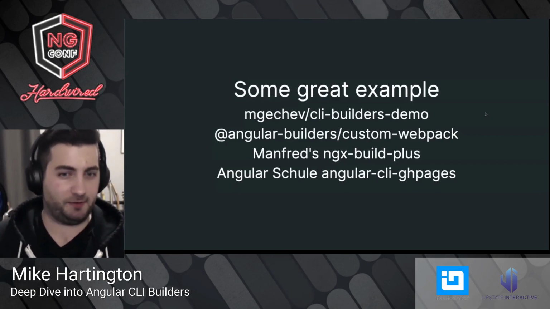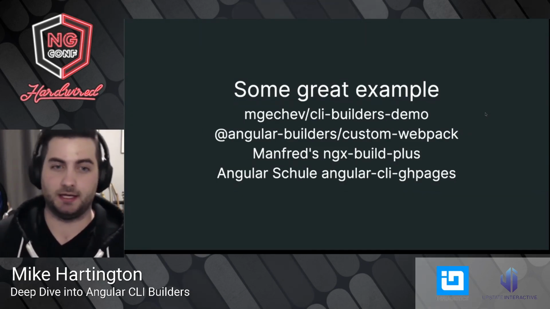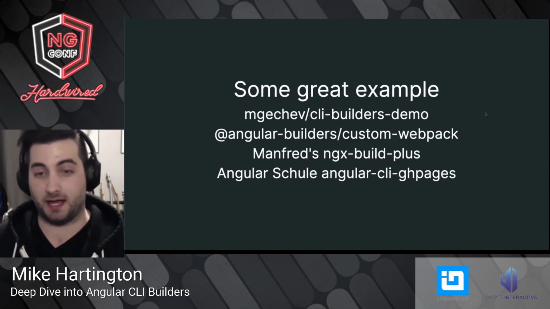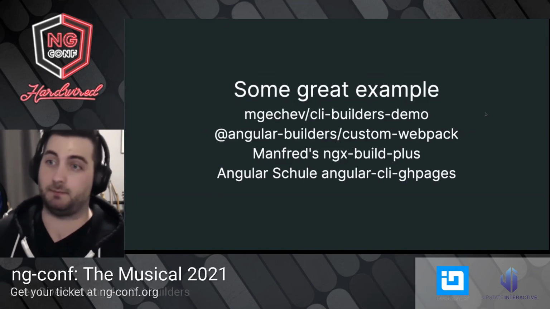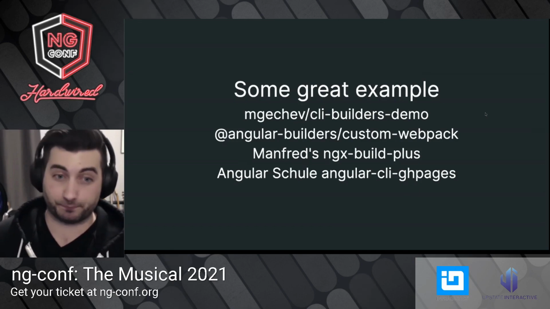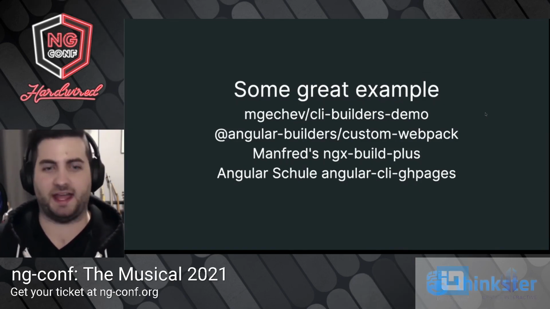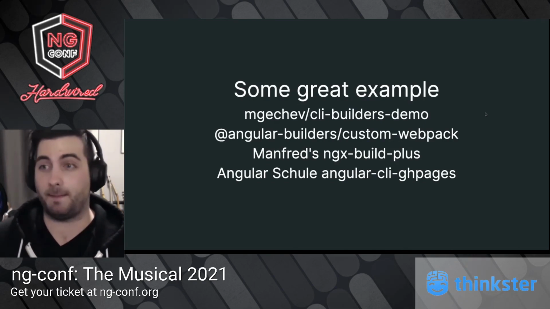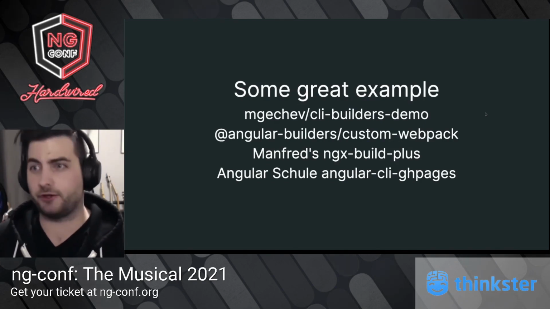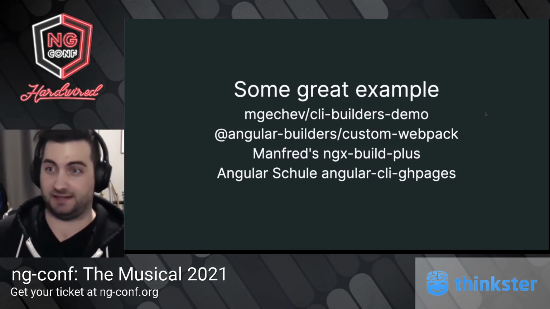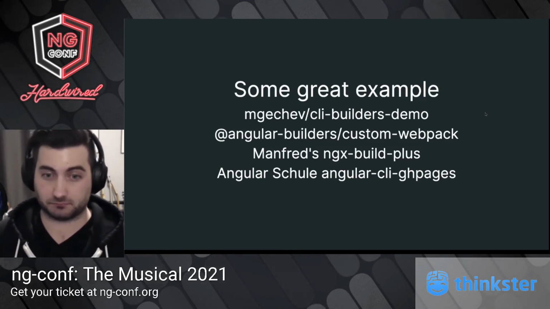There's also a lot of great examples out there in the ecosystem. Minko, if you go to his GitHub, has a whole example repo basically rebuilding the command builder. There is a collection of builders from this community called @angular-builders/custom-webpack, which allows you to pass in additional webpack config and have it merged into the internal webpack config.